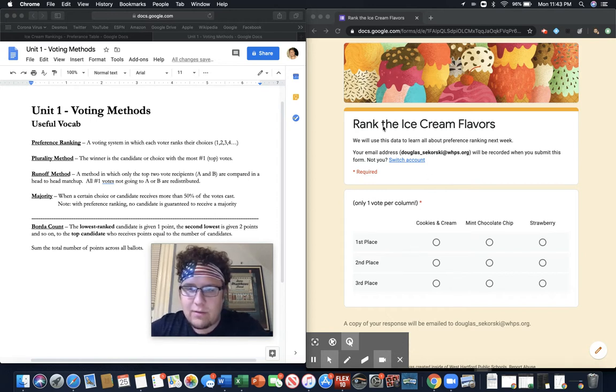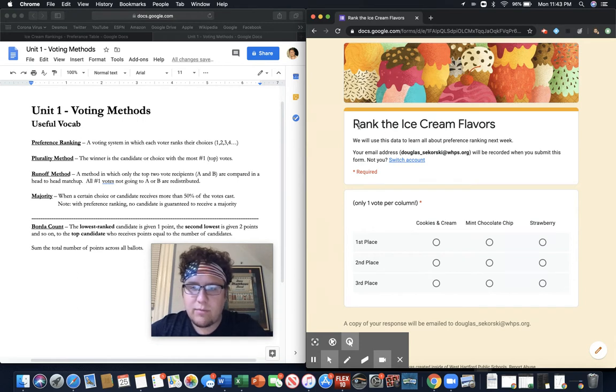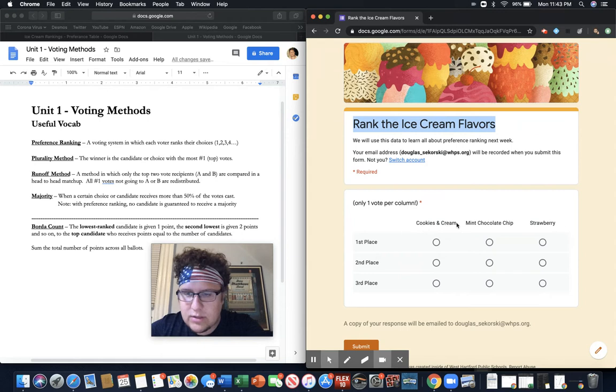We asked a lot of you to rank these ice cream flavors this past week. So you had a choice between cookies and cream, mint chocolate chip, and strawberry. And what you probably noticed was that you didn't get asked what your favorite ice cream flavor was. You were asked to rank your flavors.